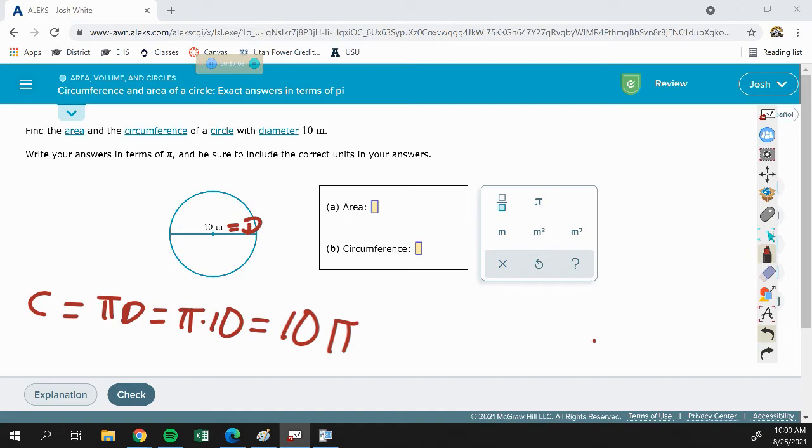Okay? If we did the same thing with area, it would be pi r squared. What is r in this case? 5 meters. So pi times 5 meters squared. So it's going to be 25 pi meters squared.